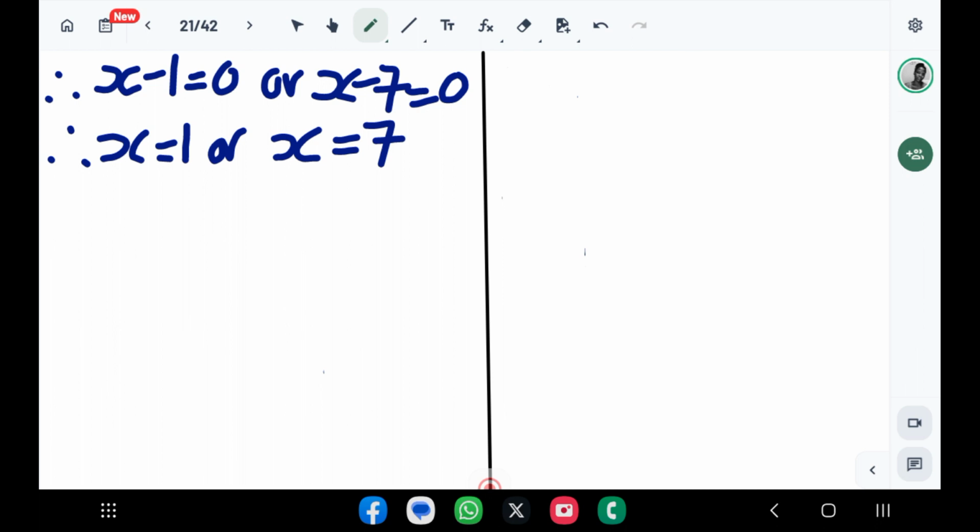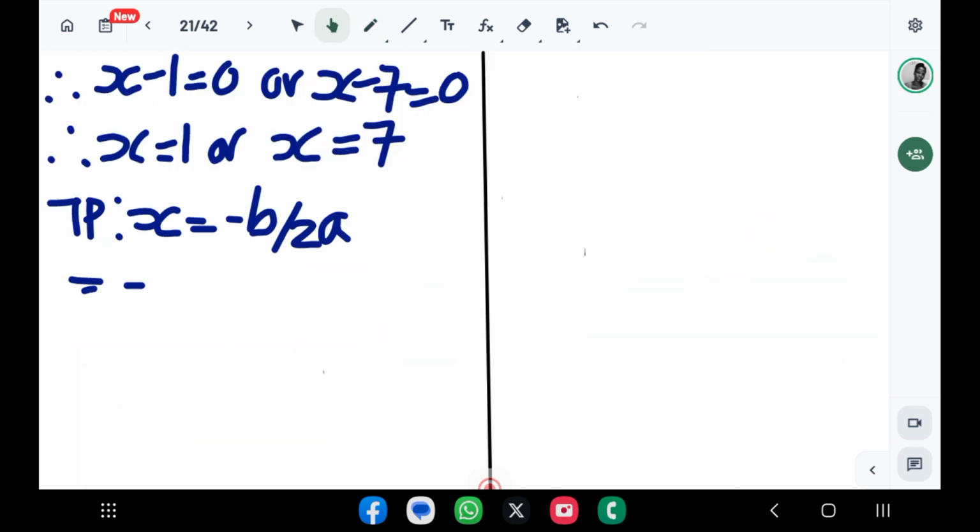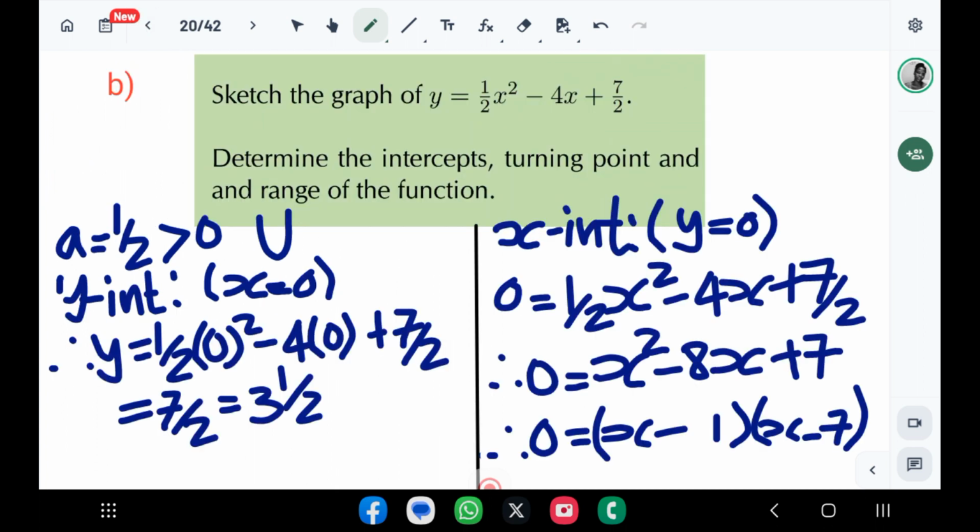Now, what is the turning point? The x-coordinate of the turning point is minus b over 2a, which is equal to minus our b, which is negative 4, all over 2 times a.